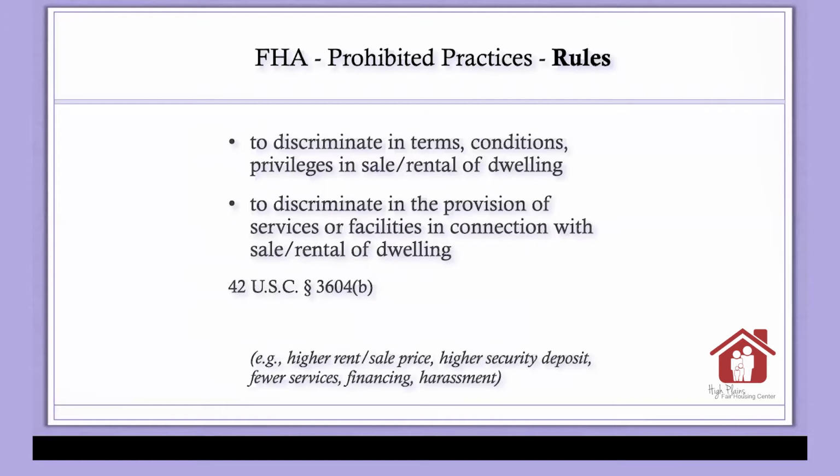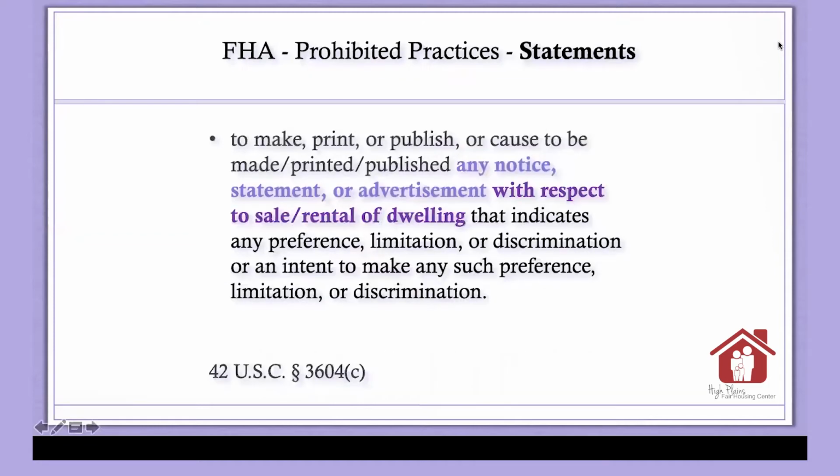So this encompasses situations where the housing is sold or it's rented, but because of someone's membership in a protected class, they're offered the dwelling at a higher sale price or a higher rent, or with a higher security deposit, or with fewer services included, or the financing is under less favorable terms. And this is also where harassment might be claimed, because the person is there in the housing, but the terms or conditions or privileges are discriminatory because of someone's status as a member of a protected class.